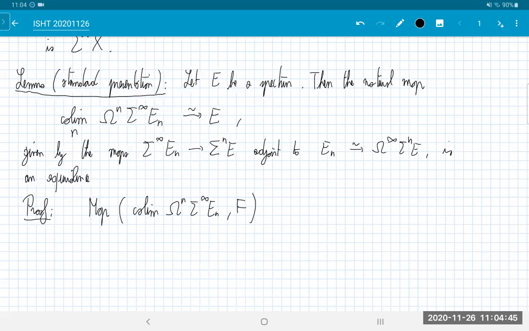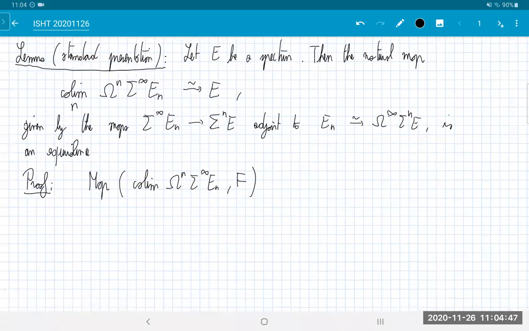Well, that's the limit over n of maps from omega n sigma infinity En to F. That's just moving the colimit out.